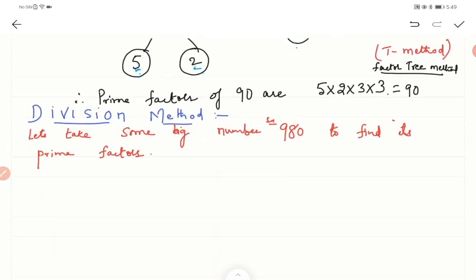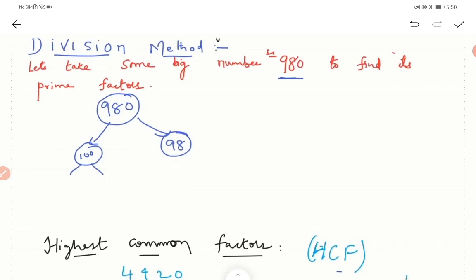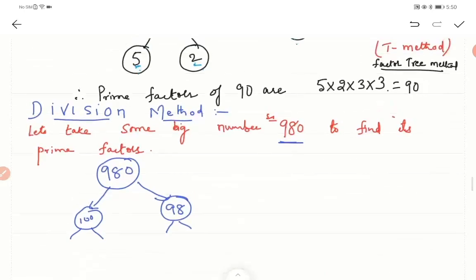If I take the number 980, it becomes difficult for me, so I can take this as 100 into 98, and then you need to go on splitting 100 and splitting 98 like this. Instead of this, the easiest thing is to go by the division method.